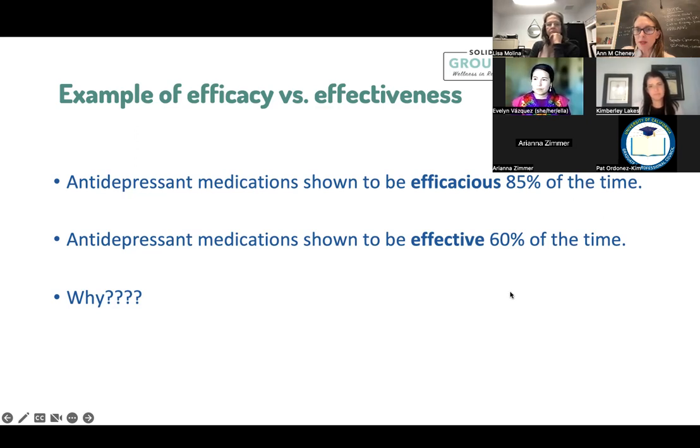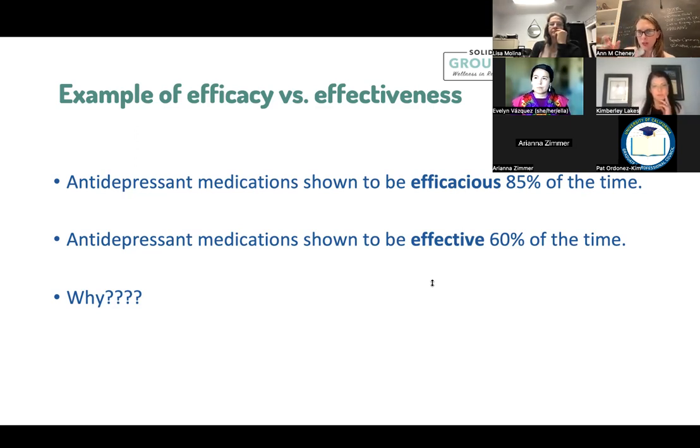Just thinking back to the words that I shared before. In this case, efficacy, we're thinking in a box, right? An investigation in a very controlled environment with very strict inclusion and exclusion criteria. And then when we're thinking about effectiveness, we're thinking about real world settings as people live out their daily lives, as people exist in the world, right?